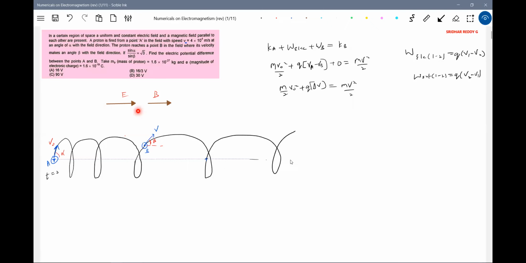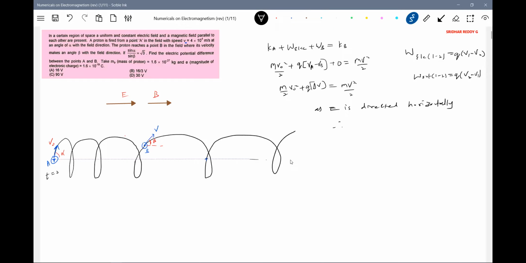The electric field is directed horizontally, you know. Then what will happen to the Y component of the velocity? It must remain the same, as E bar is directed horizontally.